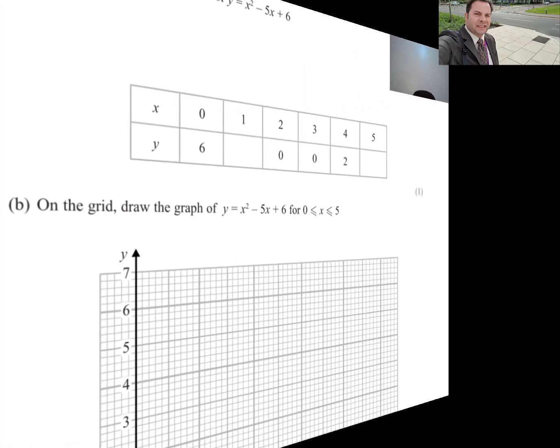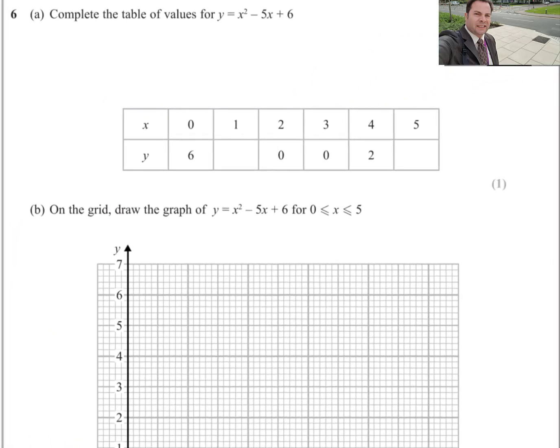Question number 6. Complete the table of values for y equals x squared minus 5x plus 6. This table is given with some points, and he asked to complete it by replacing x with 1 in this equation. So 1 to the power of 2 minus 5 times 1 plus 6 to get the value of f of 1. Your answer is 2.